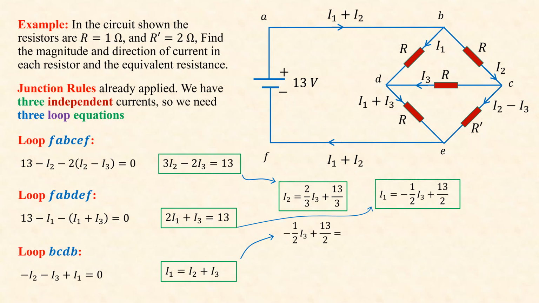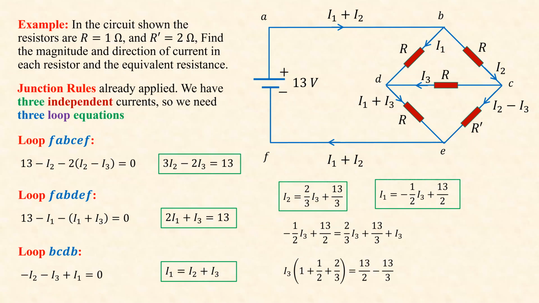So I1 is negative 1/2 I3 plus 13/2 equal to I2, which is 2/3 of I3 plus 13/3 plus I3. Okay. So we put these two equations into the third one, we get this equation. All right. And now we can solve for I3. If we move this over and factor I3, we have I3 times 1 plus 1/2 plus 2/3.